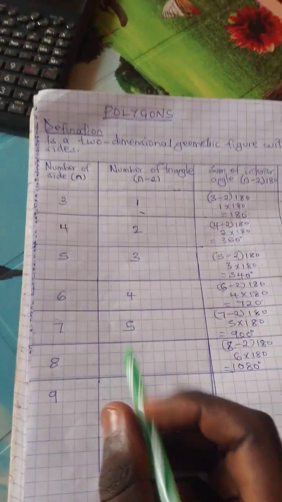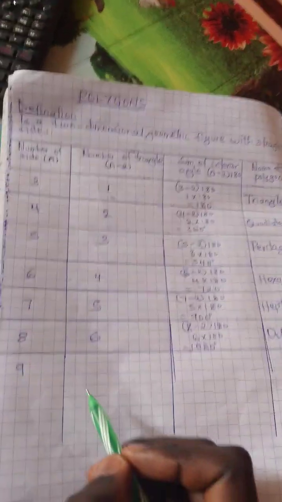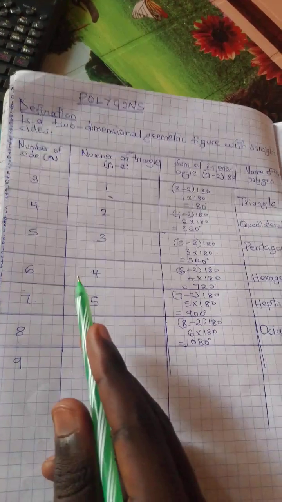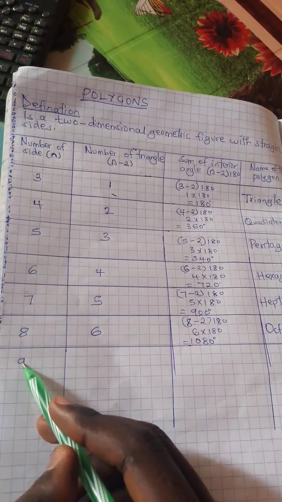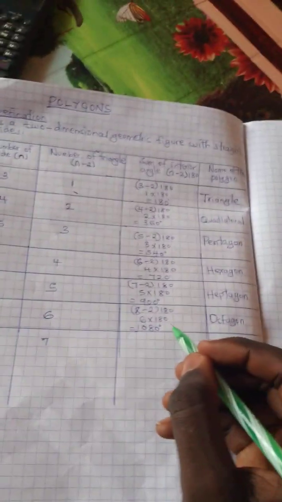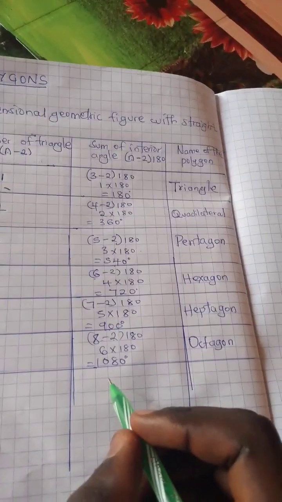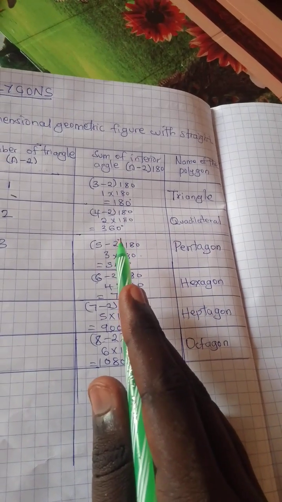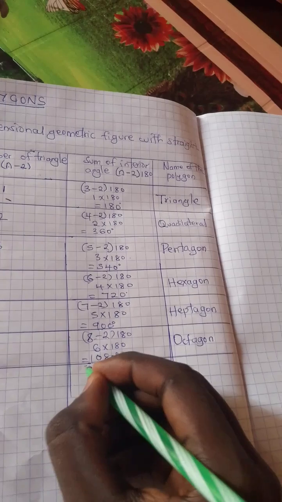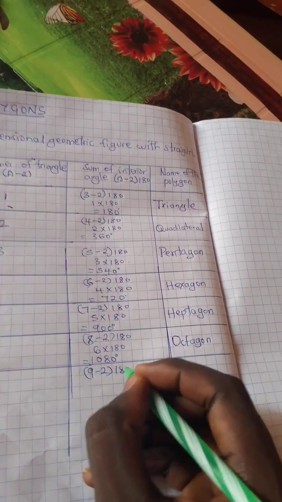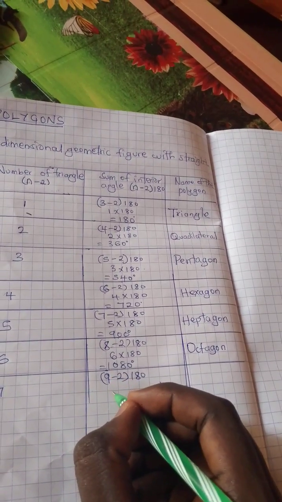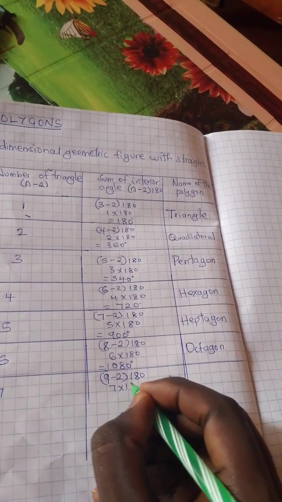Let's go to the nine-sided figure. How do we get the number of triangles? The number of triangles is n minus 2, and our n here is 9. 9 minus 2 will be 7. Then how do we get the sum of interior angles? The sum of interior angles is (n minus 2) times 180, which is 9 minus 2 times 180. 9 minus 2 is 7 by 180.